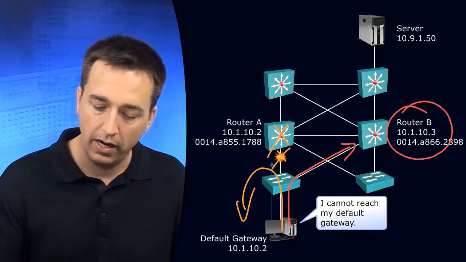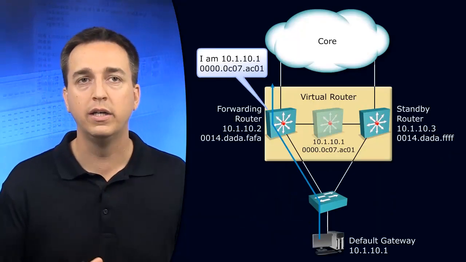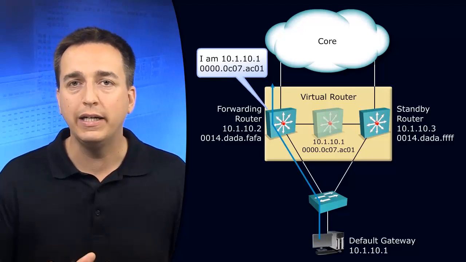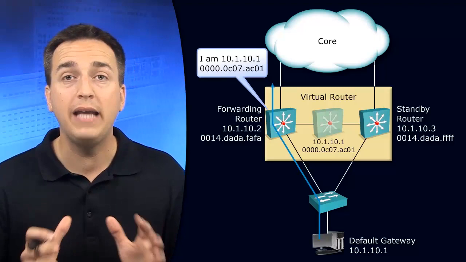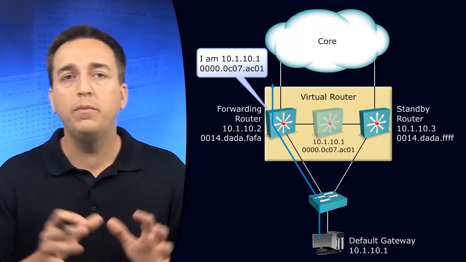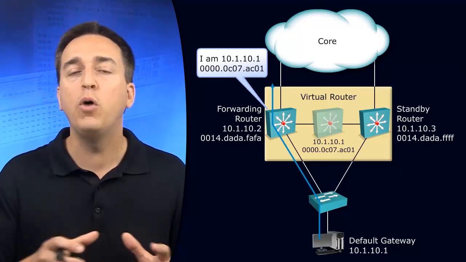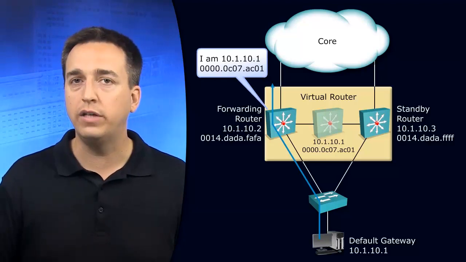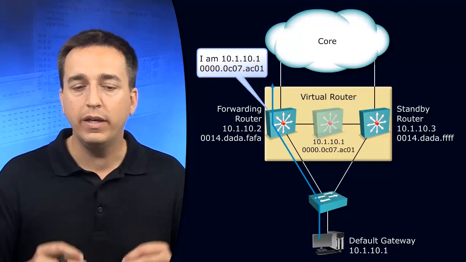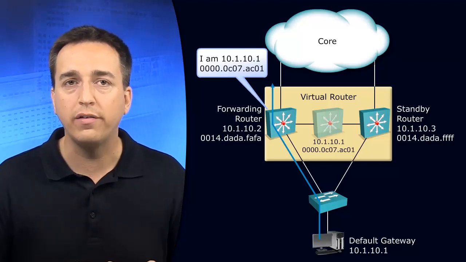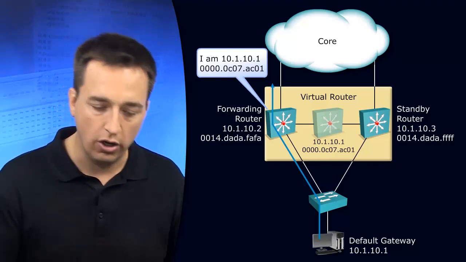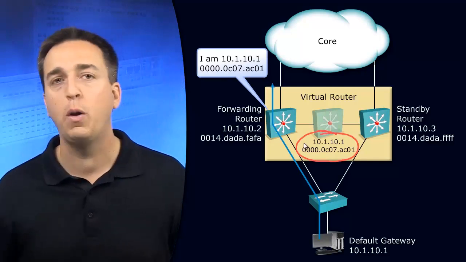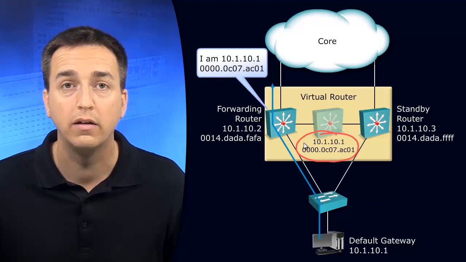So in this case, when those links fail, the client can't reach the default gateway. The idea behind first hop redundancy protocols is to configure the clients with an IP address that could be shared amongst multiple routers that are acting as default gateways. This IP address that's being shared is called the virtual IP address, and it has a virtual MAC address associated with it as well.